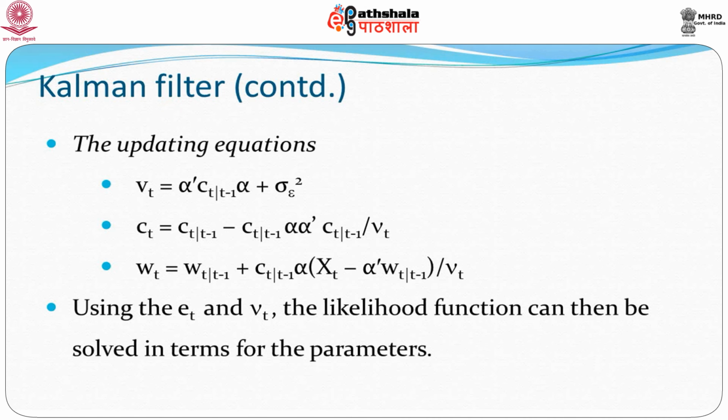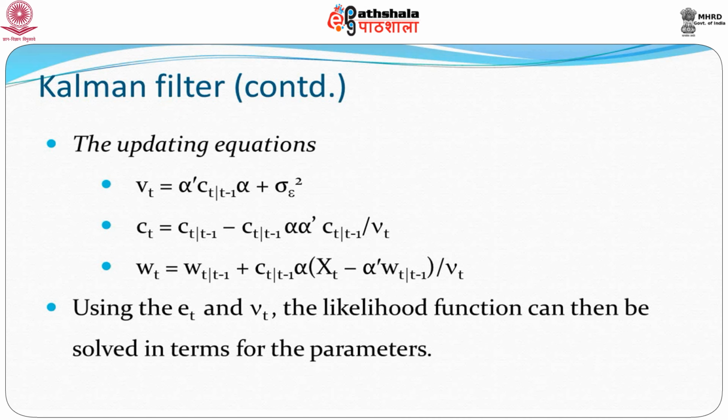The inverse looks complicated, but if we apply some of the standard matrix inversion theorems, then you can get this inverse as Ct given t minus 1 minus 1 by nu t, Ct given t minus 1 alpha alpha prime Ct given t minus 1. And then you have the remaining part, x prime sigma inverse y, and you multiply that with the inverse form and you get your Wt.